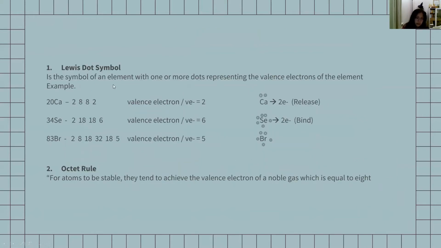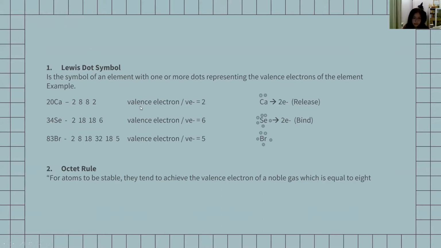Now, Lewis dot symbol. A Lewis dot symbol is a symbol of an element with one or more dots representing the valence electrons of the element. For example, the atomic number of calcium is 20. And so we write the electronic configuration, which is 2, 8, 8, 2.